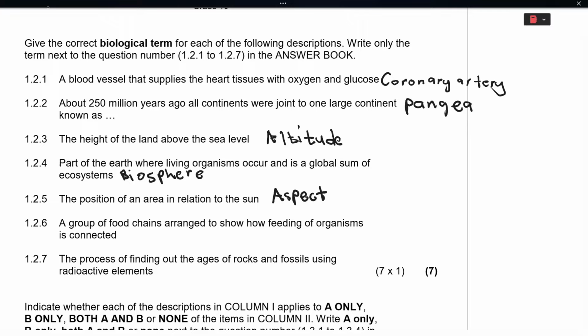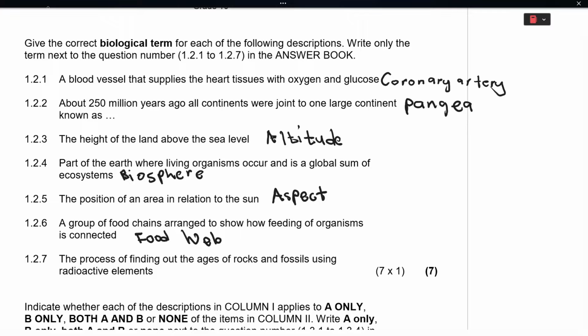So 1.2.6, a group of food chains arranged to show how feeding of organisms is connected. This is food web. It's more likely the same as a food chain, but this one is food web because it is a group of food chains.